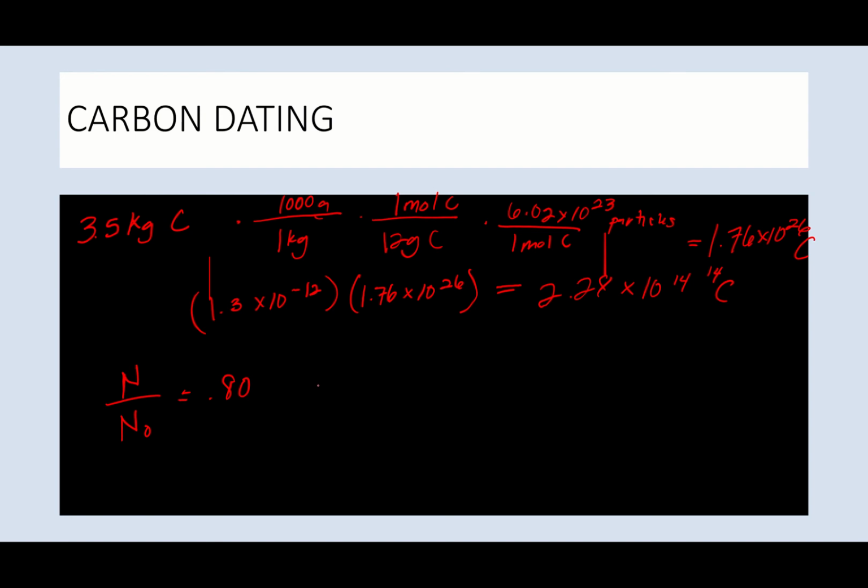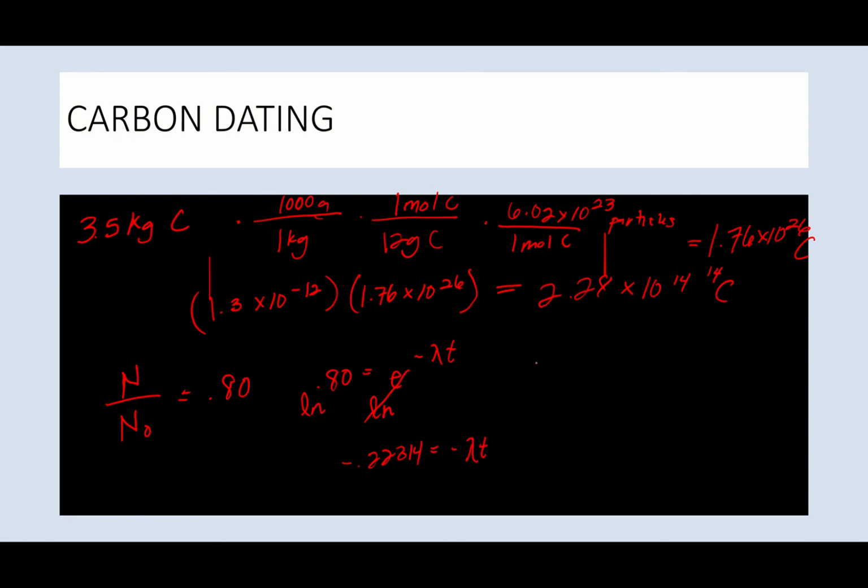So we can take 0.8 is equal to e to the negative lambda t. We can take the natural log of both sides, and we get negative 0.22314 is equal to negative lambda t.